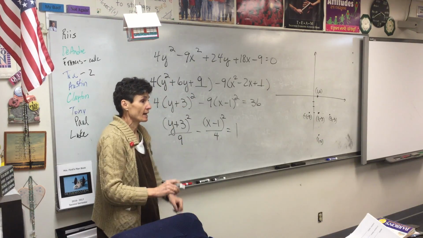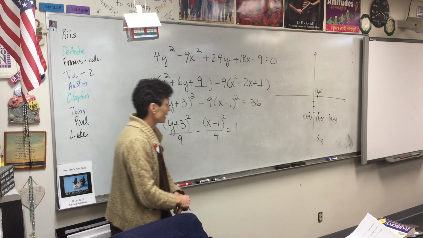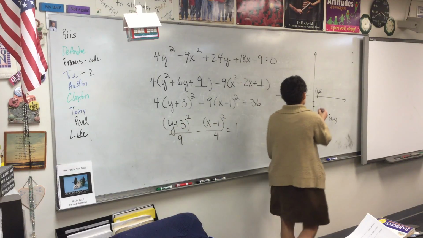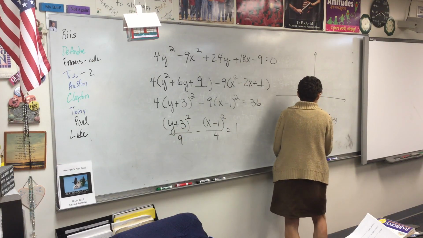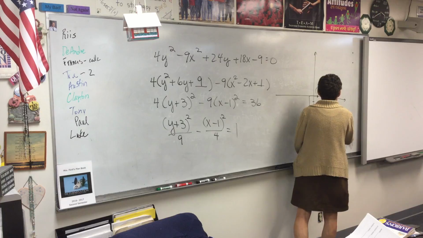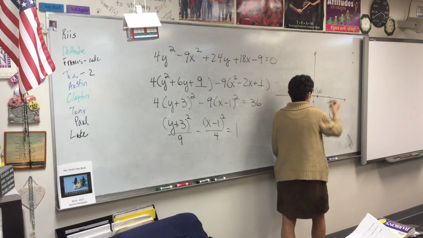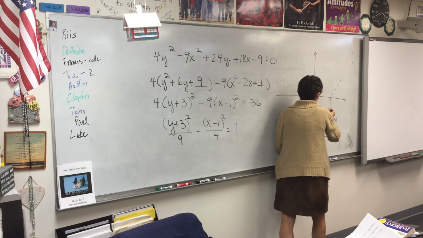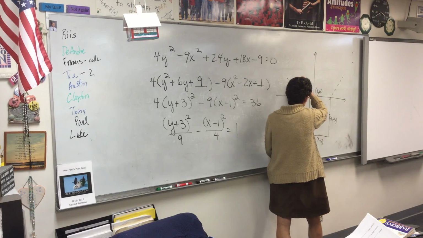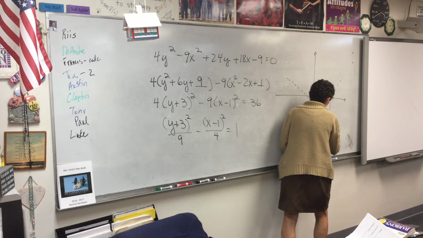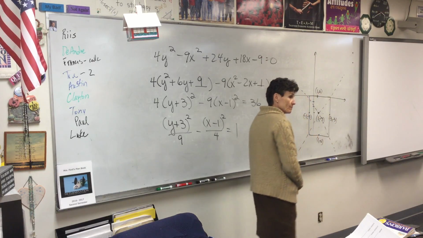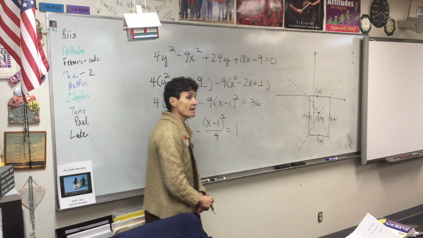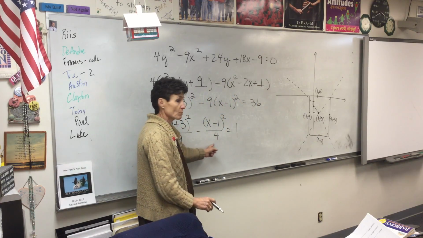Don't connect all those dots with an oval. You want to connect all those dots with a box. It's going to be a rectangle. If the box happens to be a square, Griffin, your hyperbola is called equilateral, because that would mean these two numbers were the same.